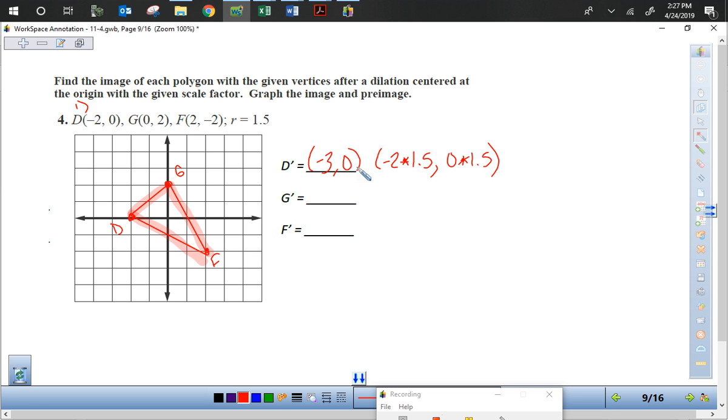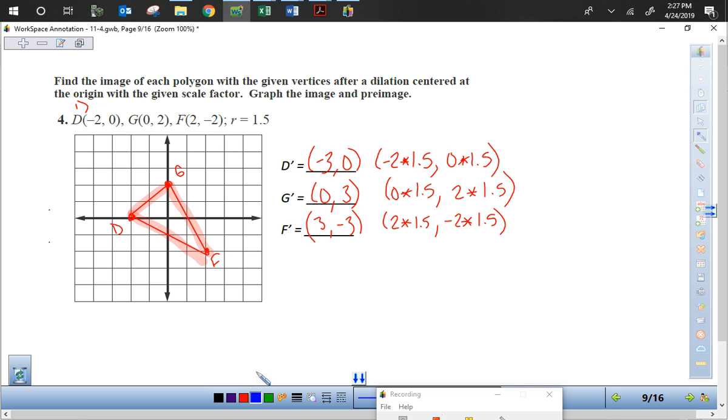The 0 never changes. So the next one, same concept, that 0 won't change when we multiply by 1.5, but the next one, the 2, will. So we'll start out with 0, and then we're taking 2 times 1.5. Well, we already did that to get 3, but this time it'll be positive. Last one here, we're taking 2 times 1.5, and then we take negative 2 times 1.5 to get 3, negative 3.